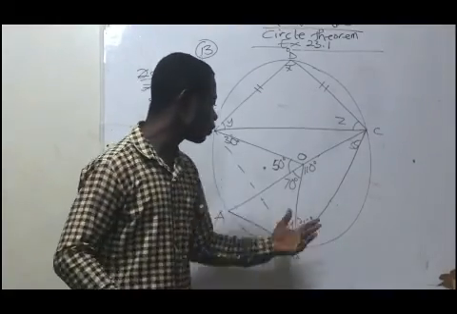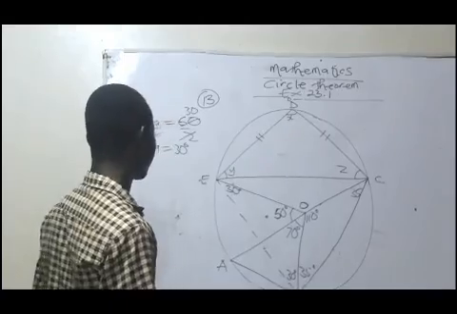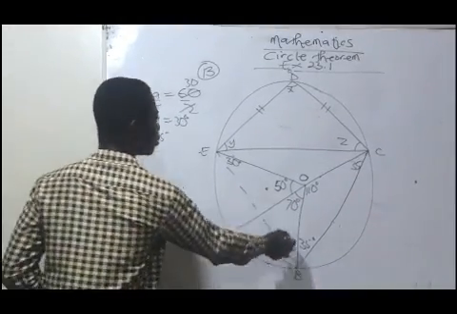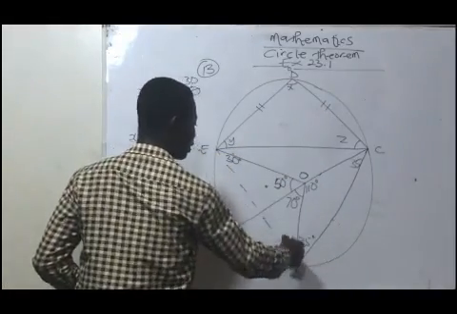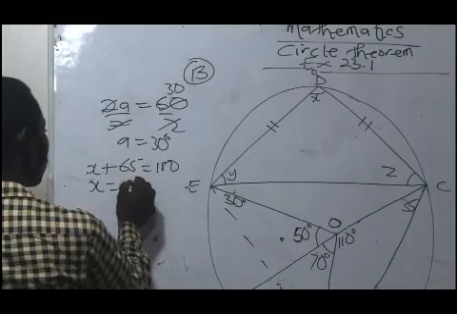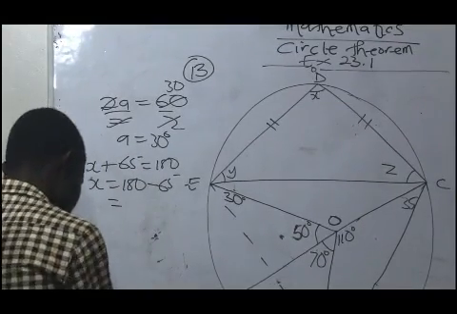Now 30 plus 35 is 65 degrees. So we have x plus 65 degrees, which gives us 180 degrees. So x equals 180 minus 65.